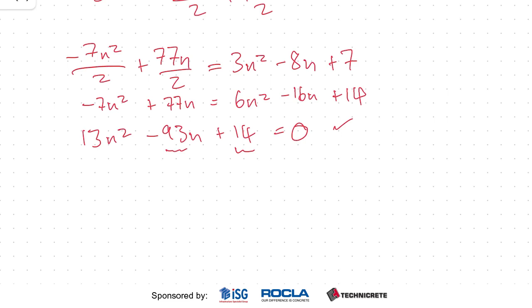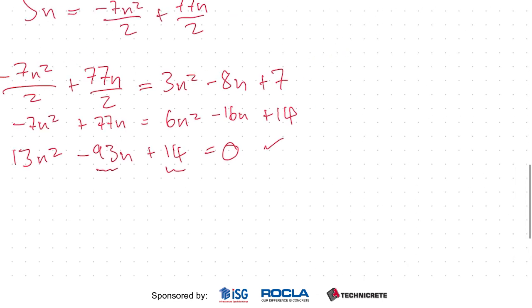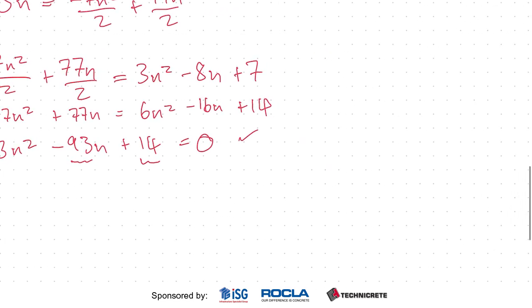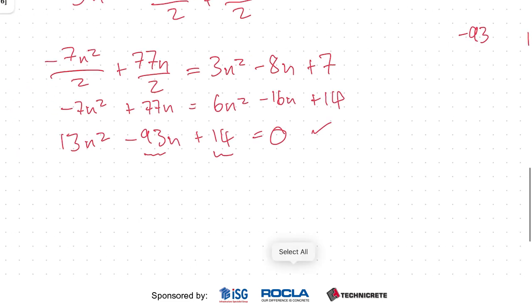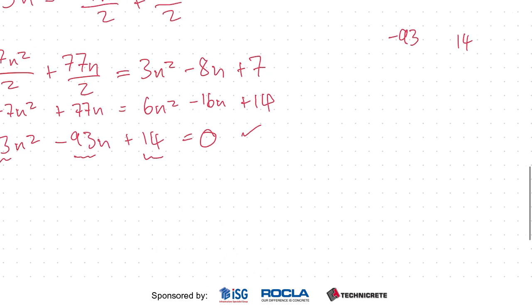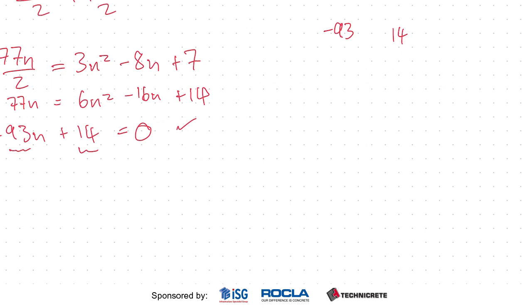Like in question 1, if you've seen that video, I said it's best to write down the numbers you're trying to factor. Don't forget about the 13n, by the way. And just come up with some factors of these numbers. Honestly, at this point, the only factors I can think of are maybe 7 and 2 for 14, and 14 itself.